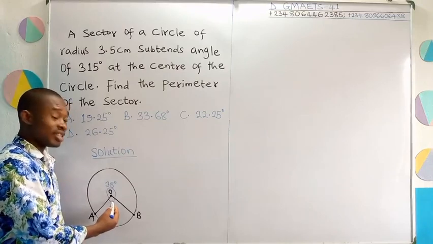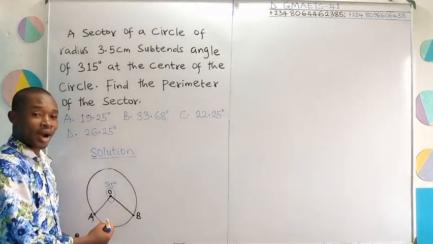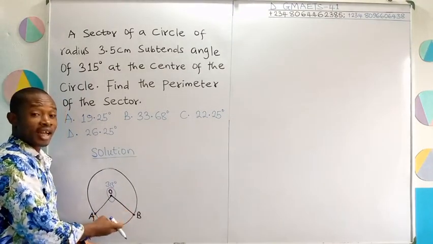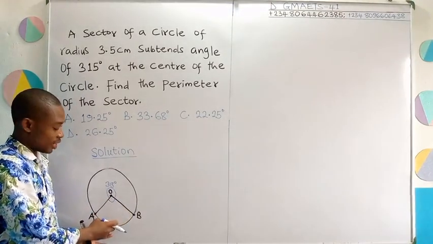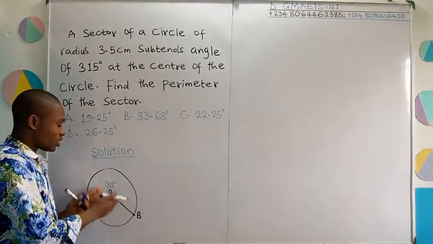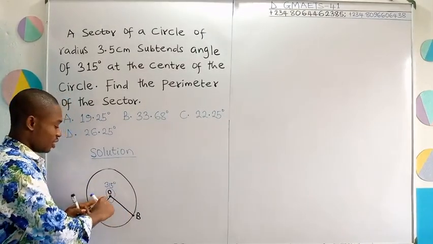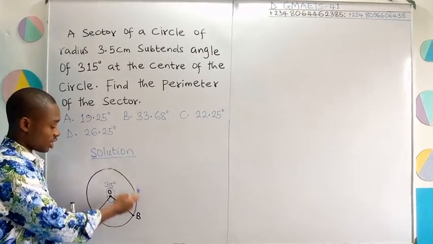An acute angle is less than 90. An obtuse angle is greater than 90 but less than 180. So that angle, either acute or obtuse, is formed by the minor arc. But once the angle is greater than 180 but less than 360, then the angle is subtended by the major arc of the circle.